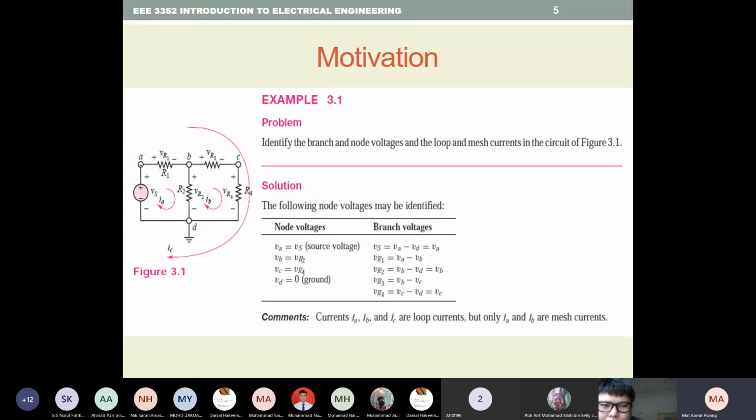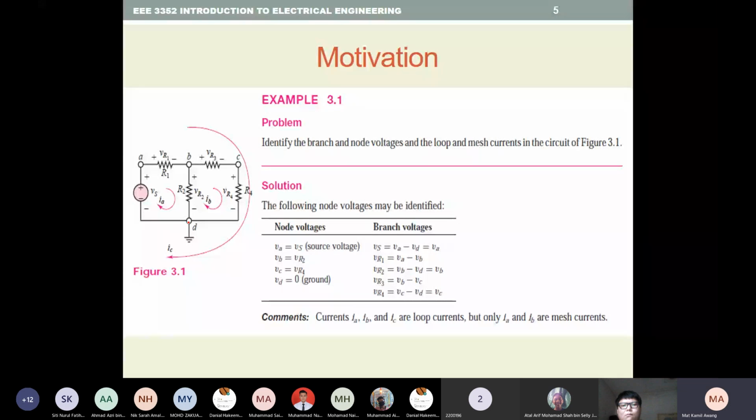Therefore, this is a node, node A. Second, you have the resistor R1 meeting resistors R2 and R3. So this is another node, node B. And resistor R3 meeting resistor R4, there's another node, node C. And the fourth node is where the voltage source Vs meets resistors R2 and R4. So there is a node D.